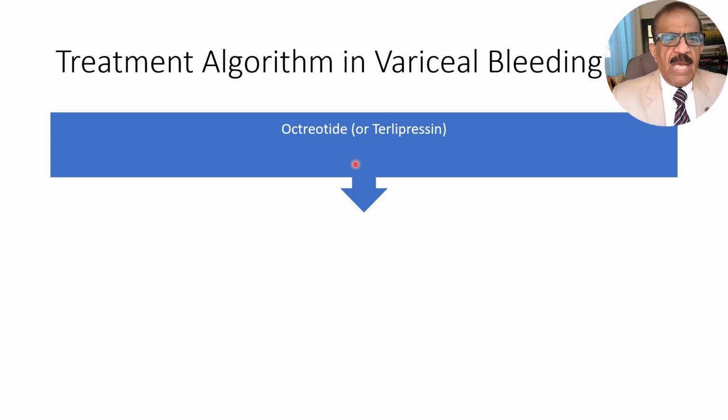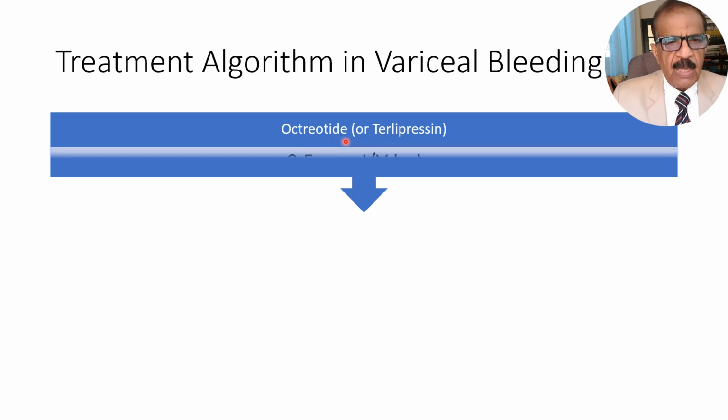If you give octreotide, it is expected to cause splanchnic vasoconstriction. Now you heard it right. It is not vasodilatation. It is going to cause vasoconstriction of feeding vessels into the splanchnic bed. So once there is constriction of these arterioles, the blood going into the portal circulation will be reduced and portal pressure will reduce. So this is how it works.